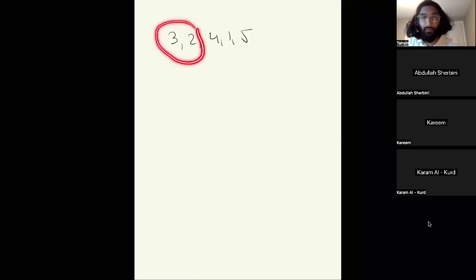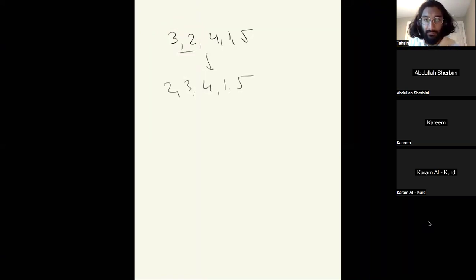Let's try to understand. If we start with 3, 2, 4, 1, 5, what I mean by the order is that 3 and 2 are out of order because 3 should come after 2. So what you're allowed to do is swap these two and get 2, 3, 4, 1, 5. Does that make sense? Yeah, that makes sense. Karam, does that make sense?